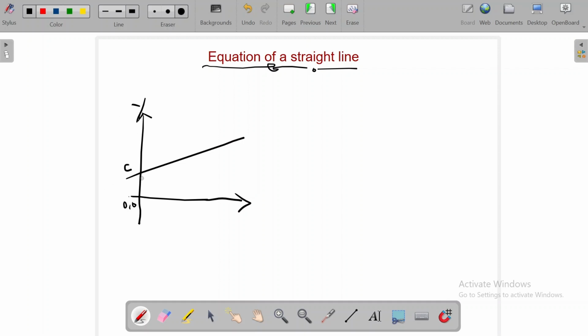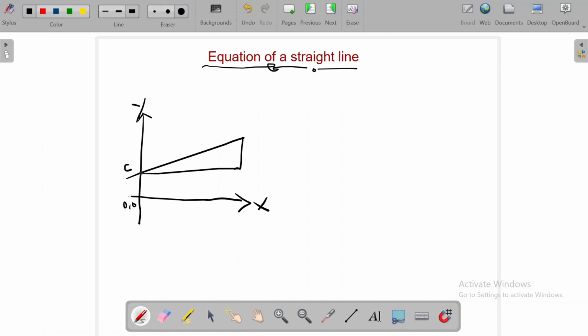Now, from the previous video, which I advise you to spend 10 to 15 minutes to understand the concept of coordinate geometry, you would notice that I can produce a slope from this line. What you would see here is this axis is also the x-axis, and this is also the y-axis.